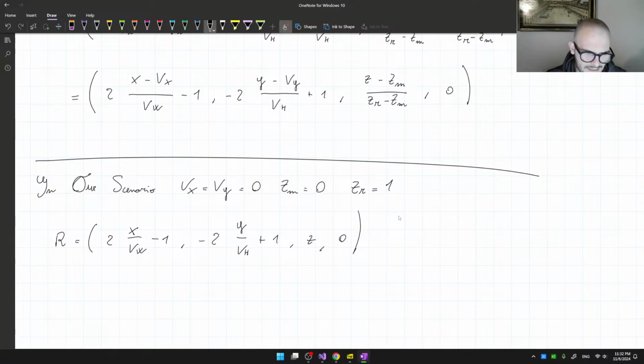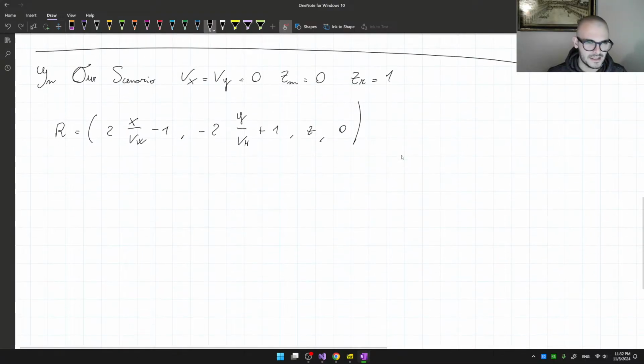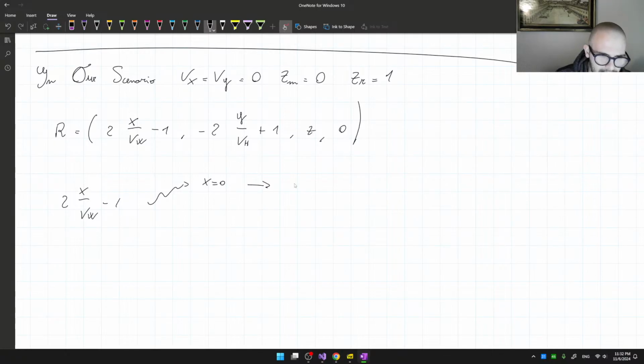Let's take this for example. So 2x divided by view width minus 1. When x is 0, this means that we have minus 1.